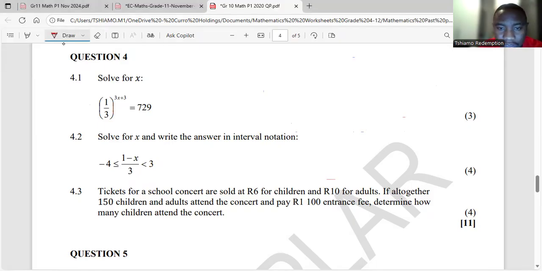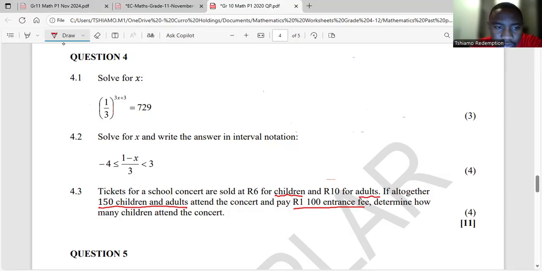Okay, let's underline this one. And 10 rand for adults. If altogether 150 children and adults attend the concert. So in total, the number of children and adults is 150. They attend the concert and they pay 1,100 entrance fee. Determine how many children attend the concert.